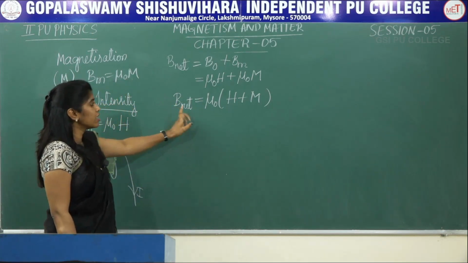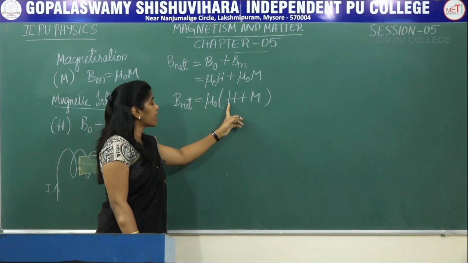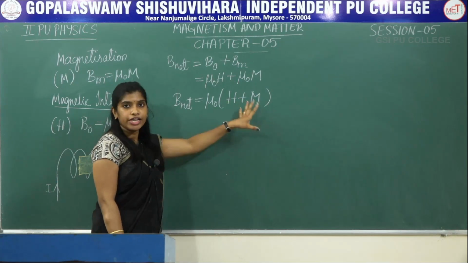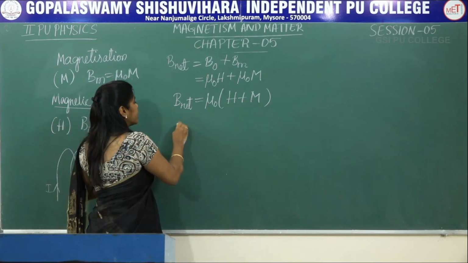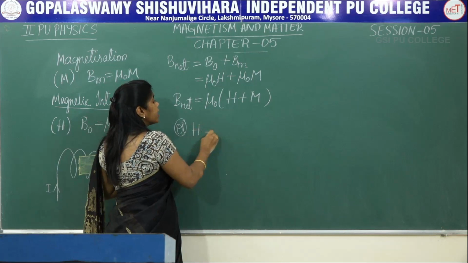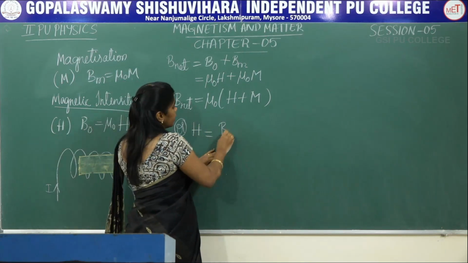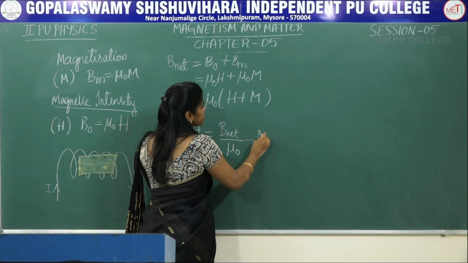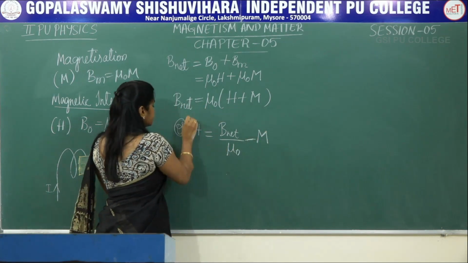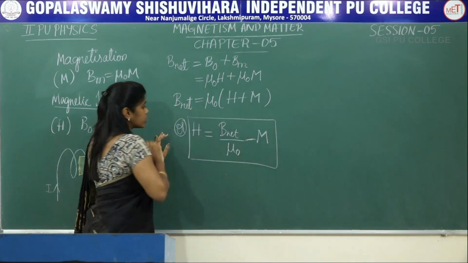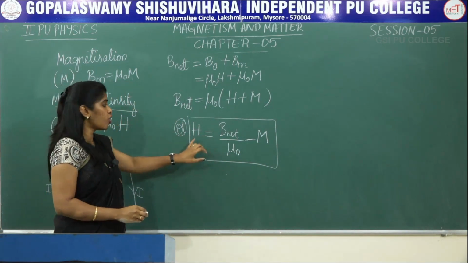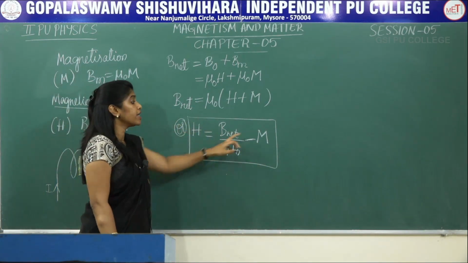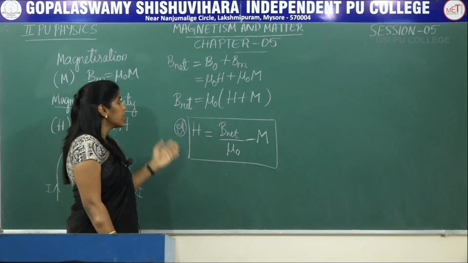Now this is a relation connecting magnetization and magnetic intensity, or I can also write this formula as H is equal to B net divided by mu naught minus m. So this is the expression for magnetic intensity in terms of magnetization.